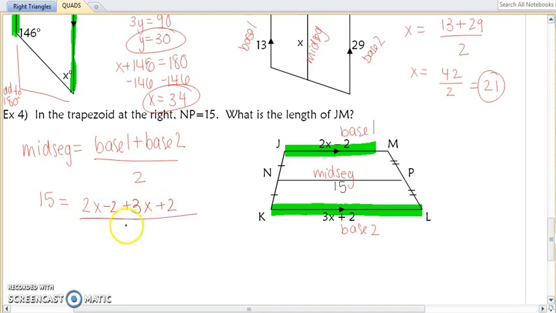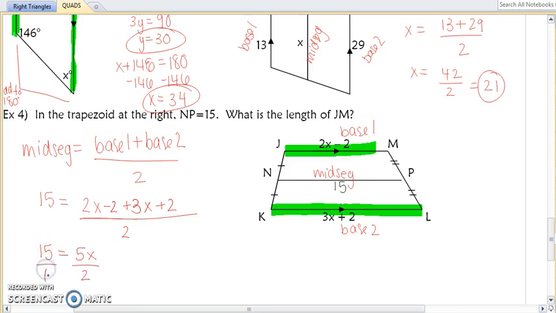Those are all of the bases divided by 2. We want to combine and simplify the numerator. So I'm just going to rewrite that entire problem with the 2x and the 3x added together. Negative 2 plus 2 drops away, and it's over 2.